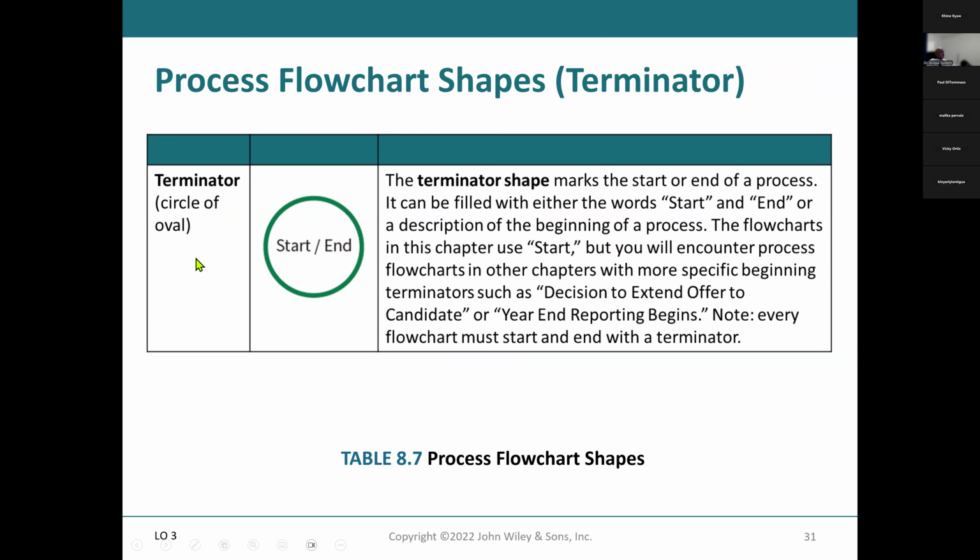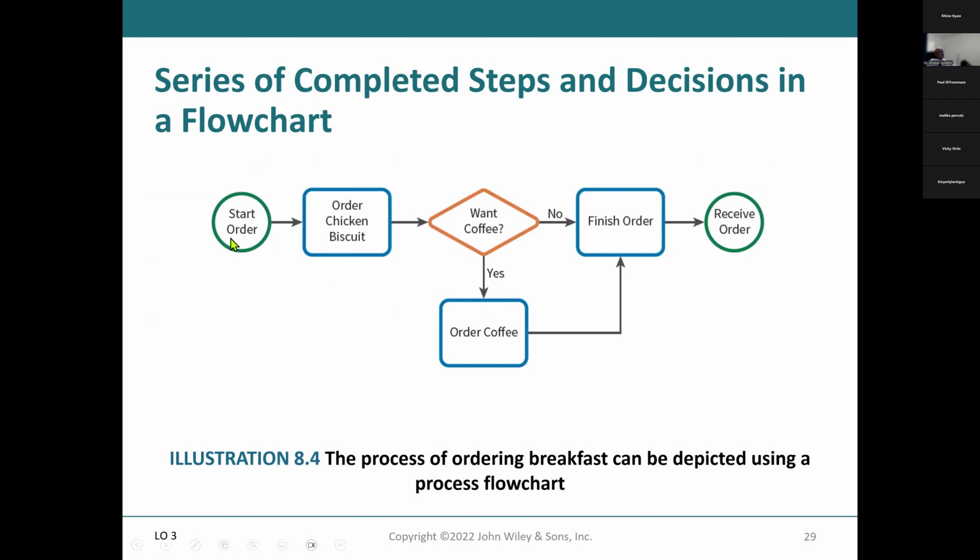The starting point and ending is a circle. These are terminator shapes, start and end. If you look again at this one, you're starting, it's a circle, and when you're ending, it is also a circle. So whatever the entire process is, you're documenting, you will typically have circles at the beginning and at the end.